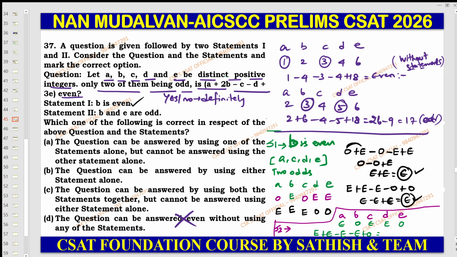Understood everyone? Even minus even plus odd, so what would happen? Even plus odd. So even plus odd. Understood? So guys able to understand?